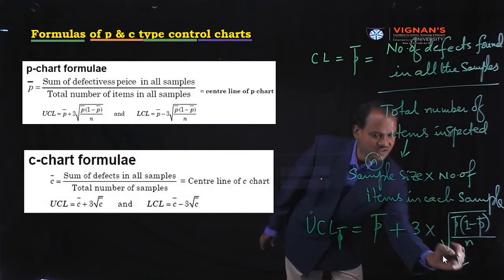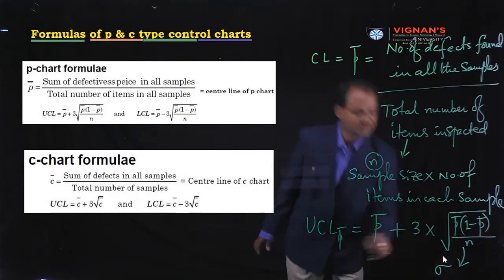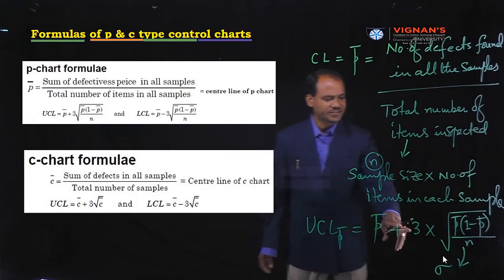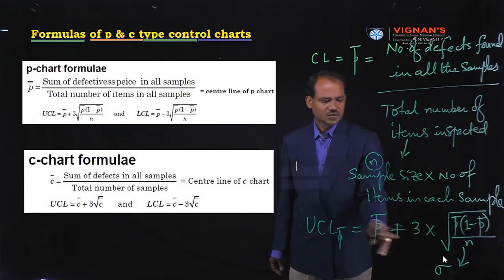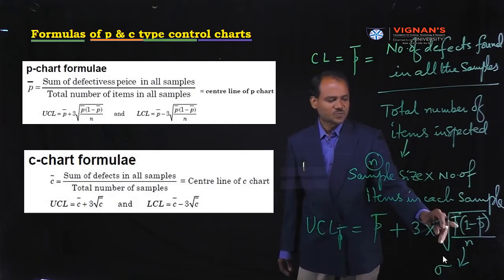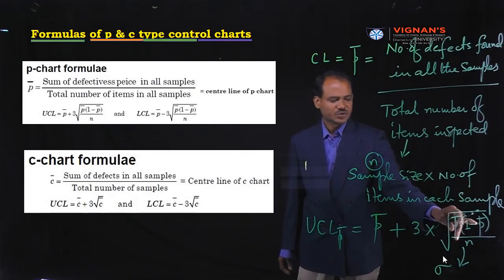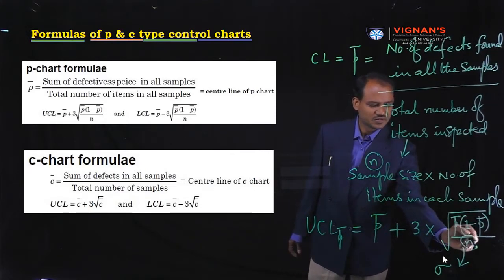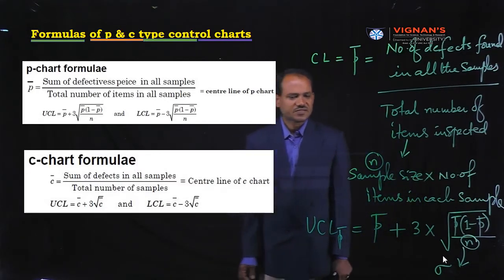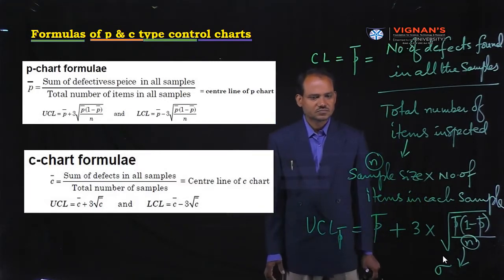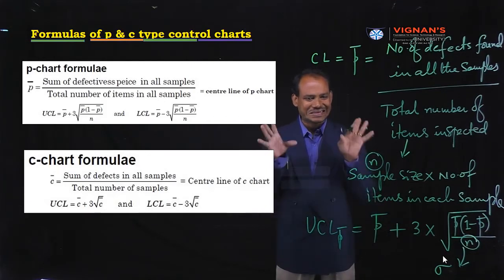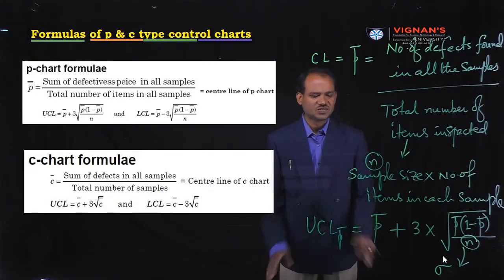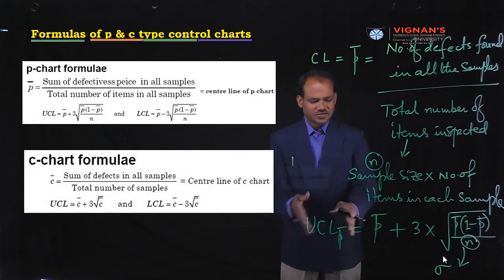This term is also known as sigma, meaning standard deviation. Standard deviation in the P chart is square root of P bar into 1 minus P bar divided by small n, where n is the sample size. The number of items inspected in each sample is nothing but the sample size. This is the UCL.